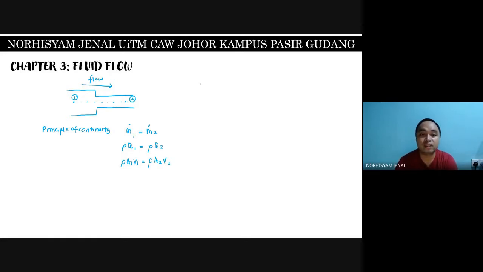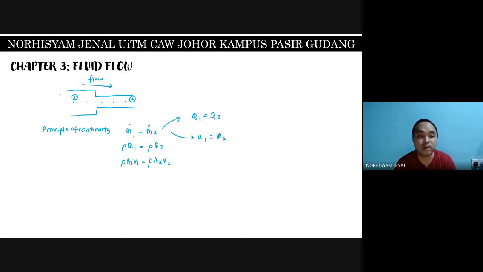It doesn't happen to mass flow rate only. We can also say the same thing for Q: Q1 should equal Q2, and weight flow rate 1 should equal weight flow rate 2 also. Whatever we have here should be transferred to the other side with the same amount, because for our study it's assumed that we don't have any losses in terms of liquid loss to the surrounding or heat loss to the surrounding.